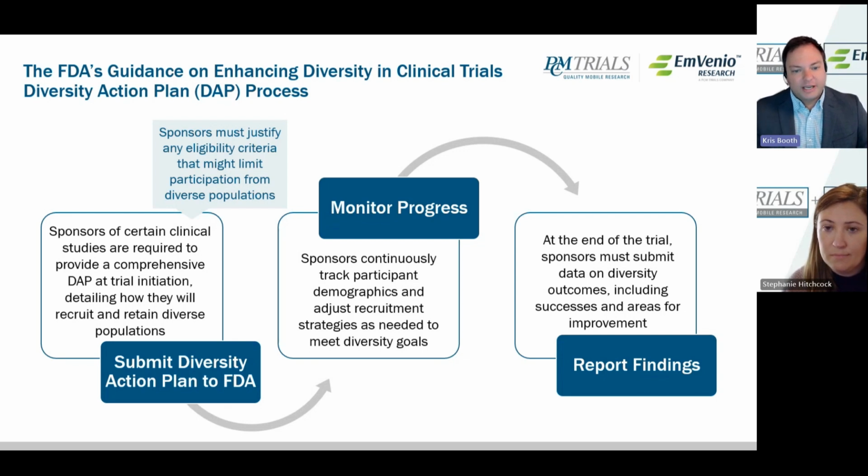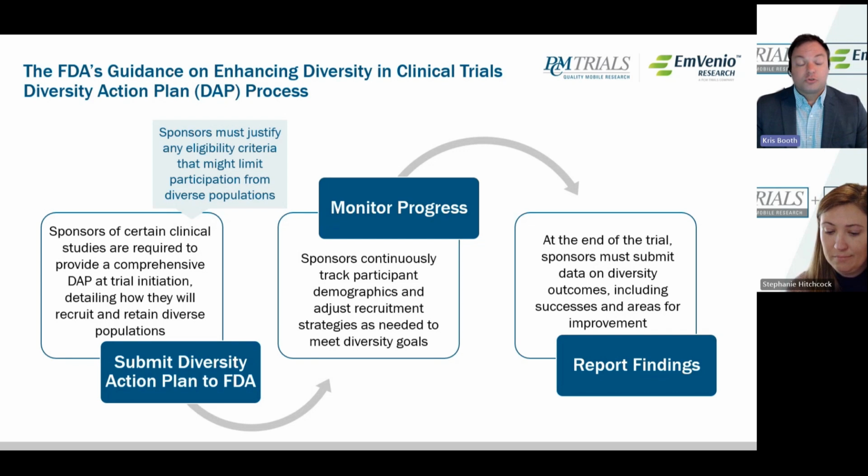So the second step in this process is obviously monitoring the progress. Now, this is about tracking participants. A lot of sponsors, CROs, and people who are putting on these trials have implemented, say, 2-to-1 ratios or 1-to-1 ratios, something of that nature, that we have to then follow from a site perspective and move through on this guidance.